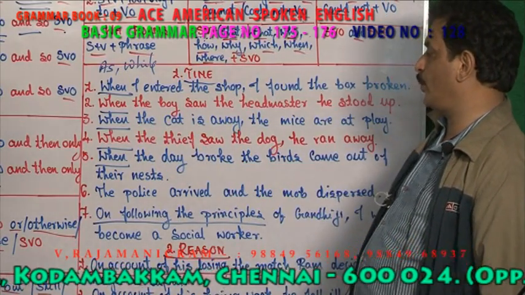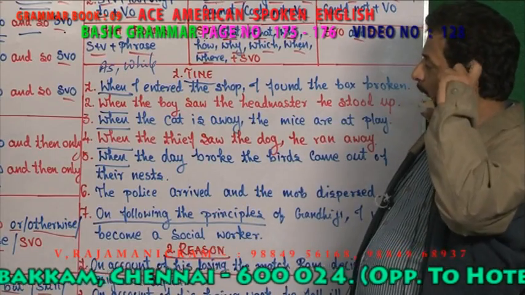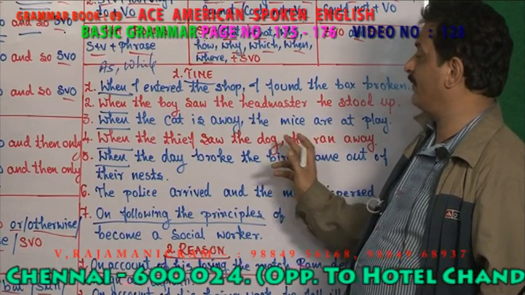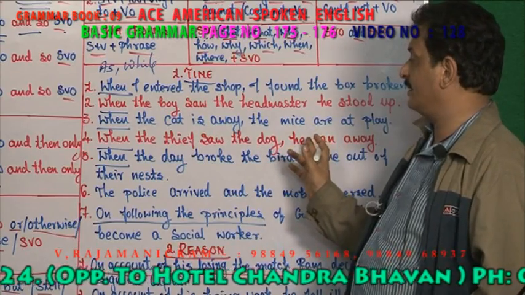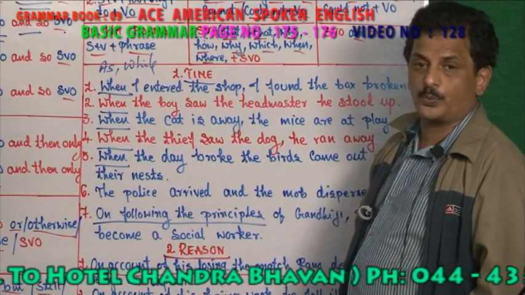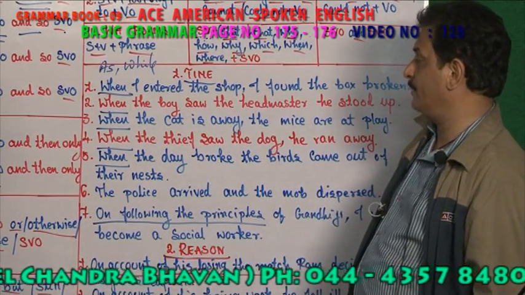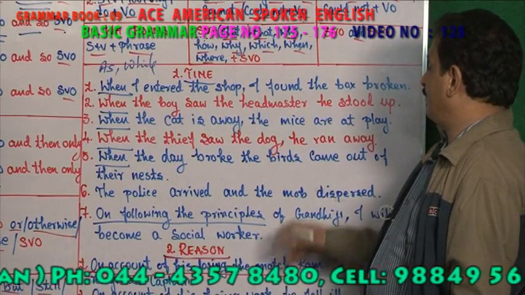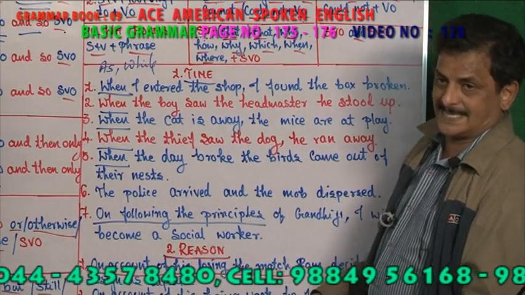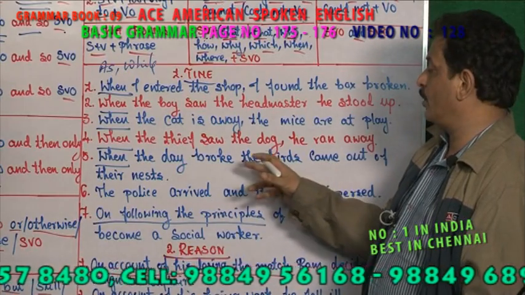Number fourth, when: when the thief saw the dog, he ran away. So the thief saw the dog, the thief ran away. So it is connected with when, at the same time. Next: when the day broke, the birds came out of their nests, right? When the day broke means what?